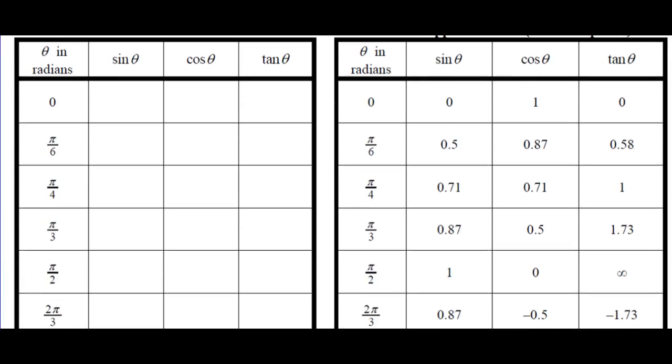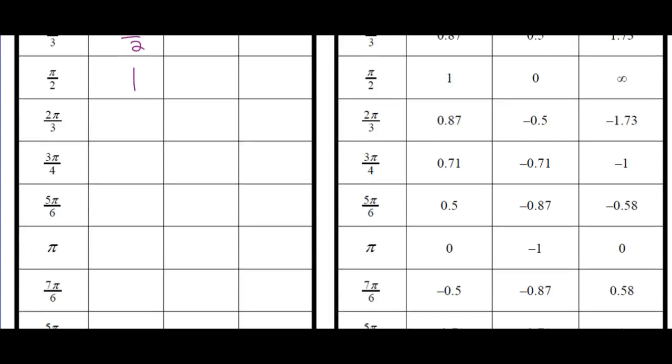All right, so we need to fill in the exact values so we can just work our way around. Sine theta is 0, 1/2, root 2 over 2, root 3 over 2, and 1. Then the values start going down. Root 3 over 2, root 2 over 2, 1/2, and they get to 0.